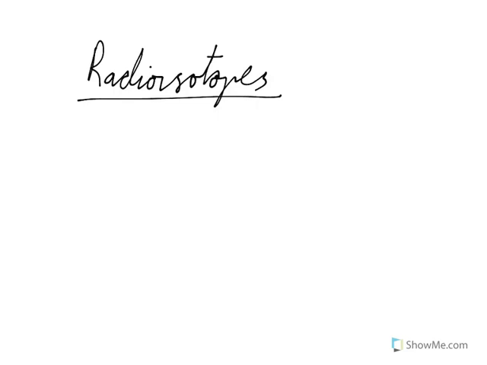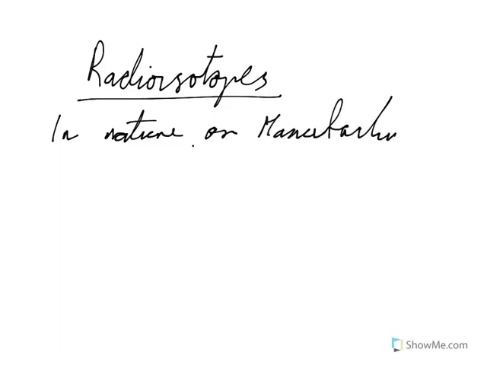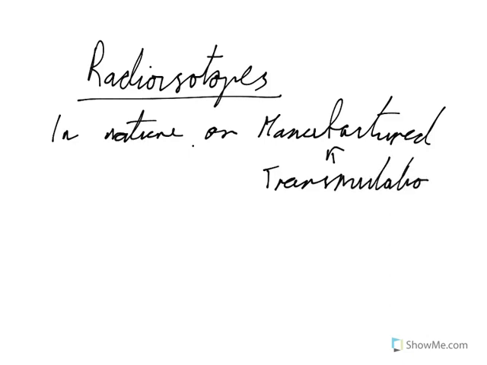Radioisotopes are found in nature, all right, or we can manufacture them. And we can do that with what's called transmutation. All right, and we mentioned that before.